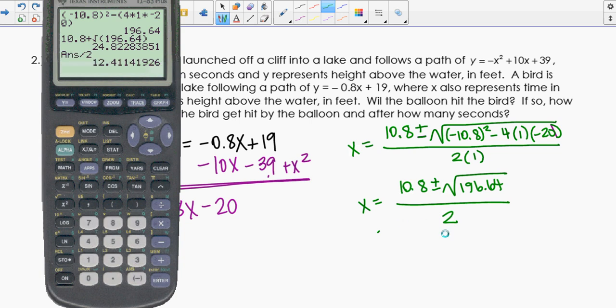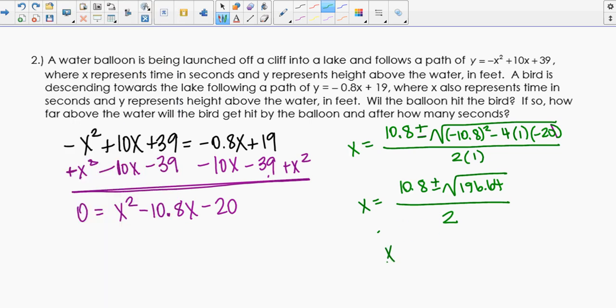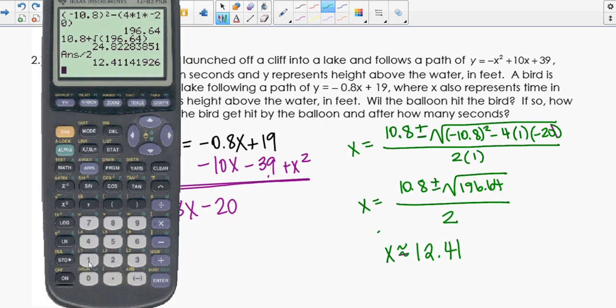So one of the answers is about 12.41. Okay, and then your other one is 10.8 minus the square root of 196.64. We divide that by 2, and we get negative 1.61.